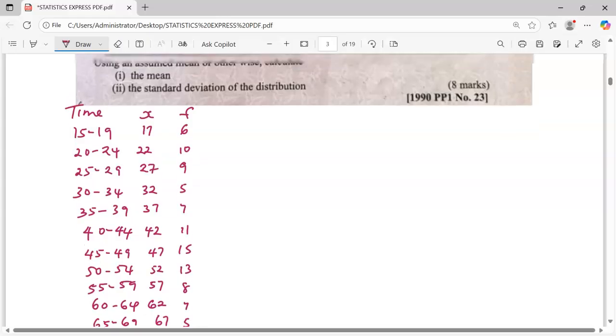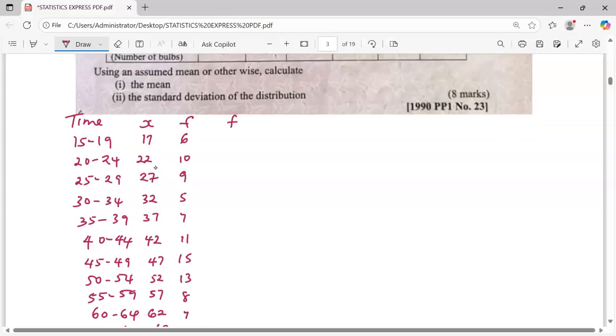After that, we are going to get the fx. Fx is frequency times midpoints. 17 times 6, you get 102. Then 22 times 10, you get 220. 27 times 9, you get 243.